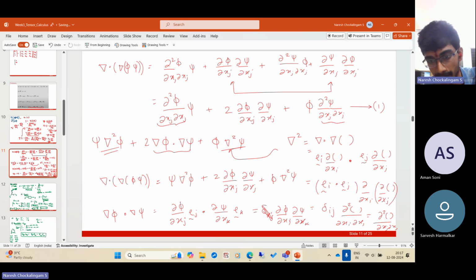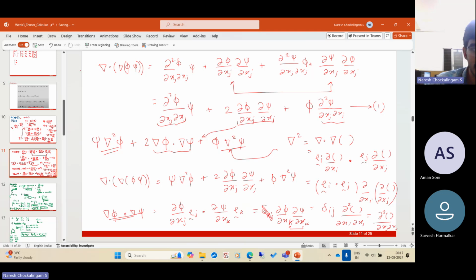Now when an index repeats, it means a summation is implied, so you can just replace k with j or m or t. So this ∂φ/∂xj ∂ψ/∂xj is nothing but the left hand side, ∇φ·∇ψ. So that is also true.